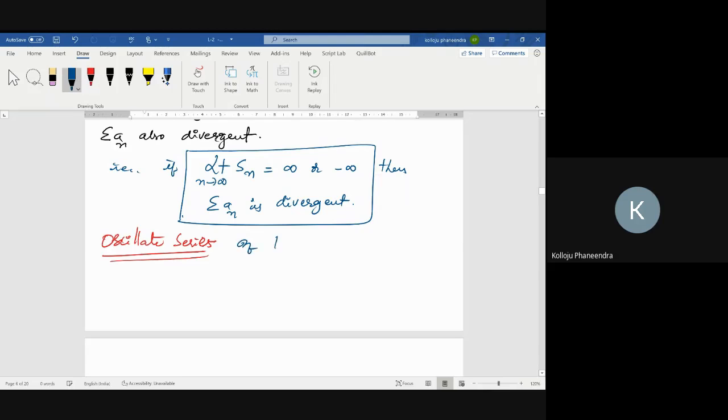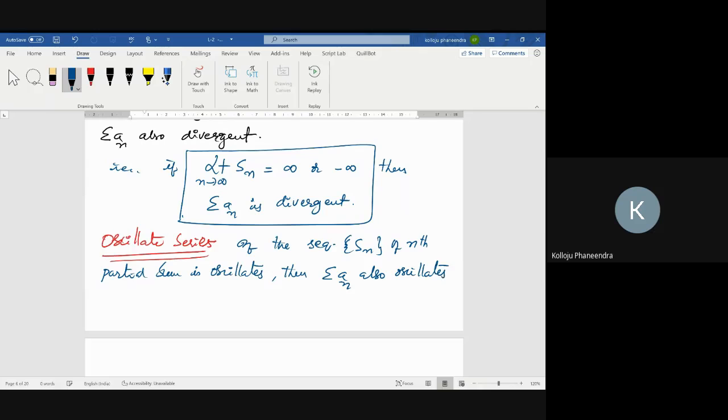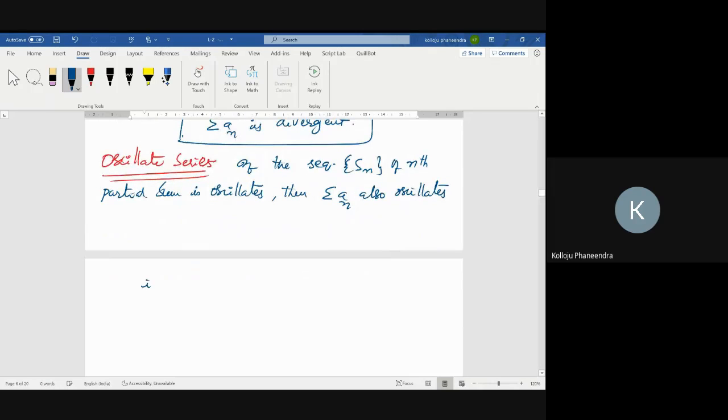If the sequence Sn of nth partial sums oscillates, then the series sigma an also oscillates. That is, limit Sn as n tends to infinity.